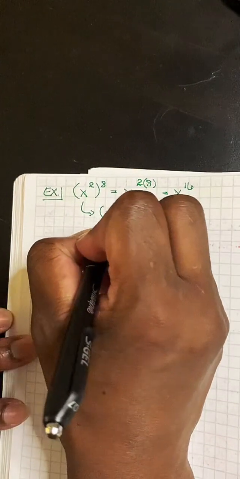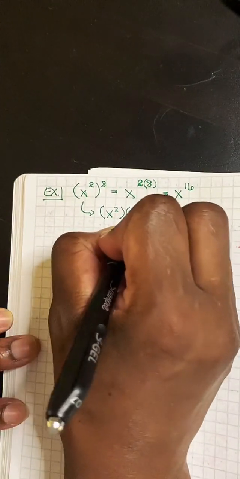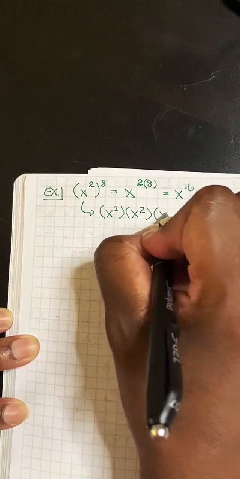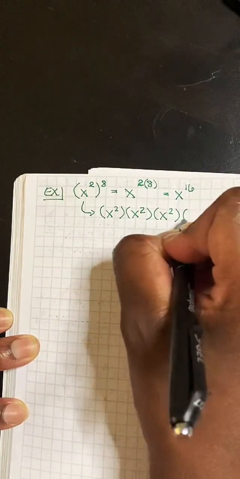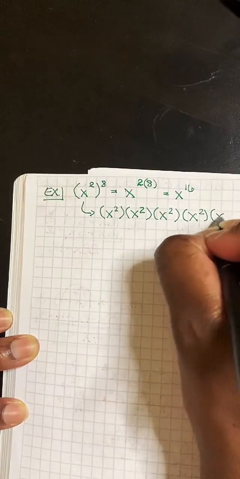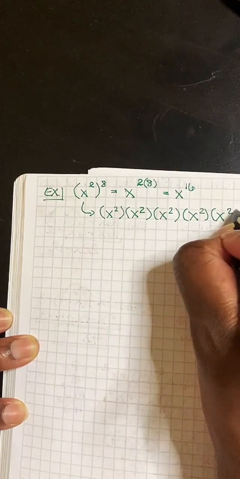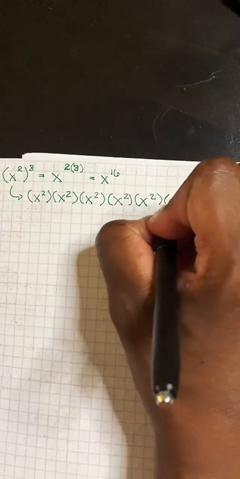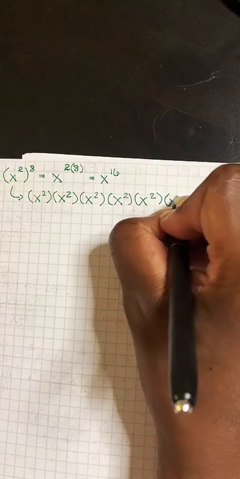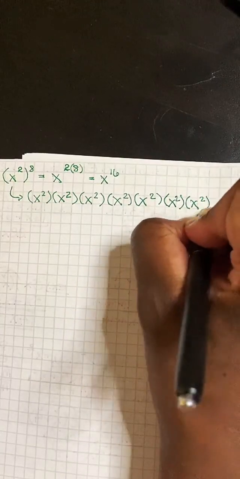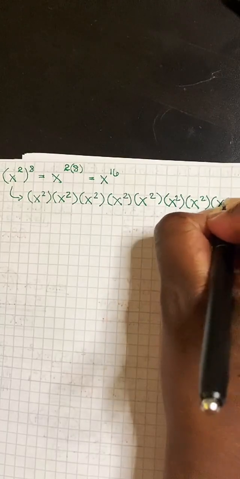So basically I'm going to have x squared, that's 1, 2, 3, 4, 5. Let me shift it over. 6, whoops, that's ugly too. 7, 8.